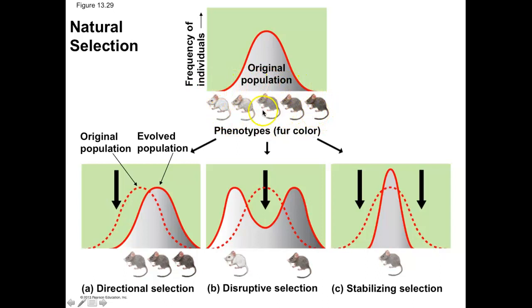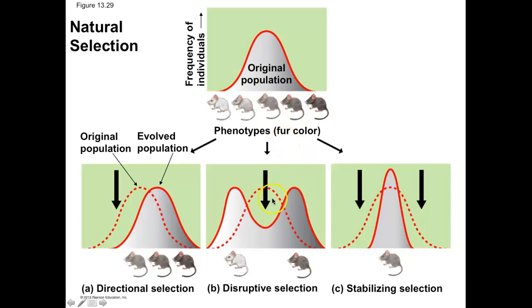But let's say that the white mice are easily seen by night owls, right? Because white shows up in the moonlight and the white mice get eaten, they're disappearing, and you shift. So there's a shift in favor of the darker mice. That's called directional selection, right? So nature is selecting in one direction, and that's in the direction of dark fur.